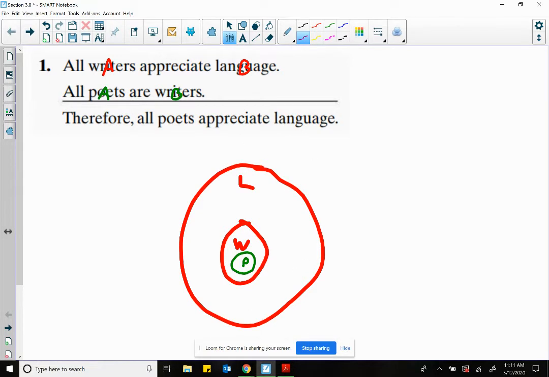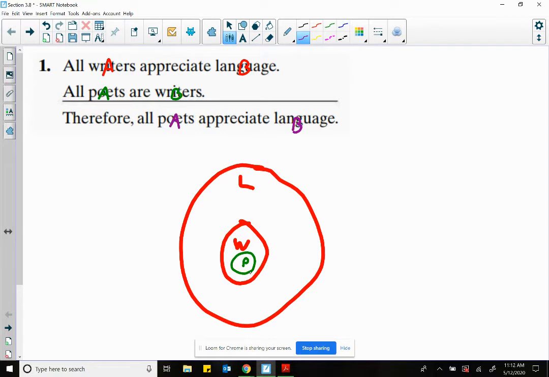Okay? So again, this is another all statement. All poets, so poets is A, appreciate language. Language is B. So we need a circle of poets inside the circle of language. So is this circle poets inside the circle of language? Absolutely.